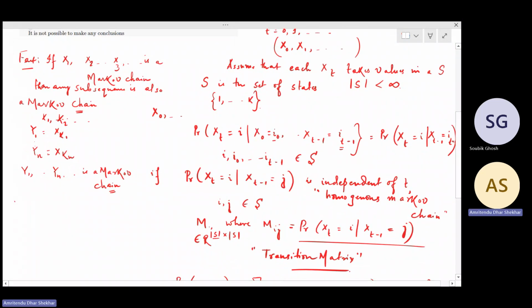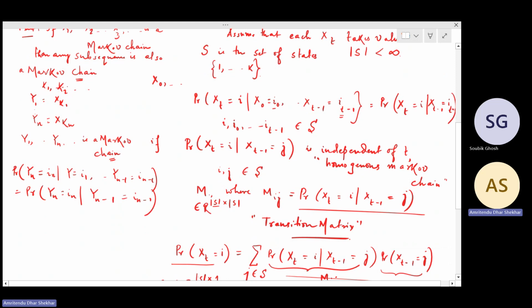So that's what we have to show: the probability of yn equals in, given that y1 equals i1, up to yn minus 1 equals in minus 1, is equal to the probability of yn equals in, given that yn minus 1 equals in minus 1.